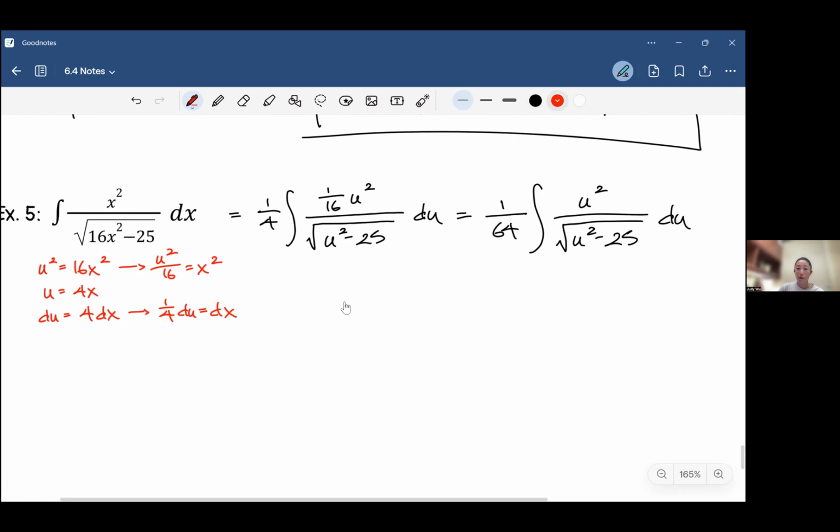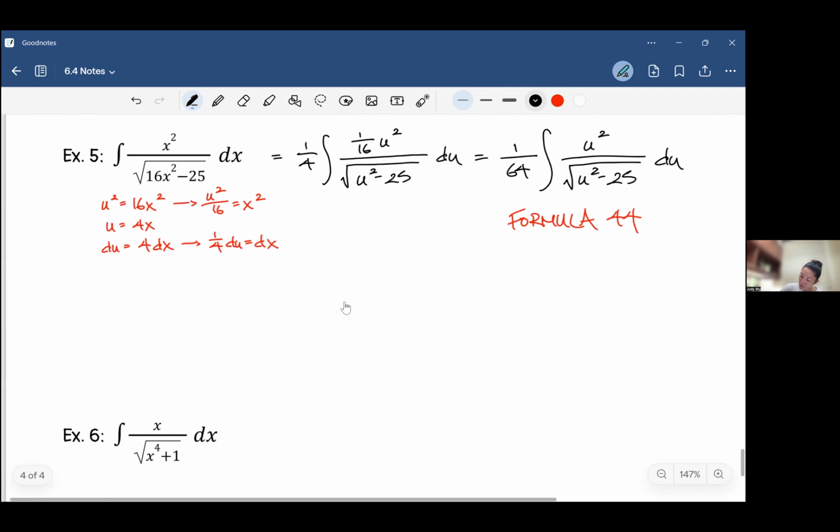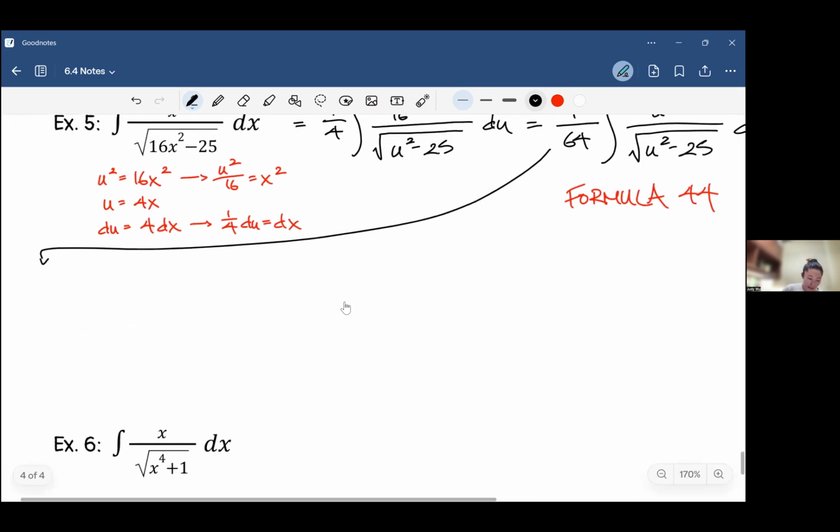And now, when you go to the back of the book, we're going to find that this looks a lot like formula 44. Okay? So formula 44 says, we're going to go from here. Let's not forget to keep that 1/64 out in the front.